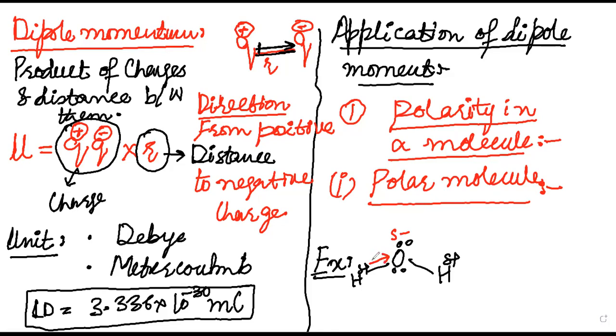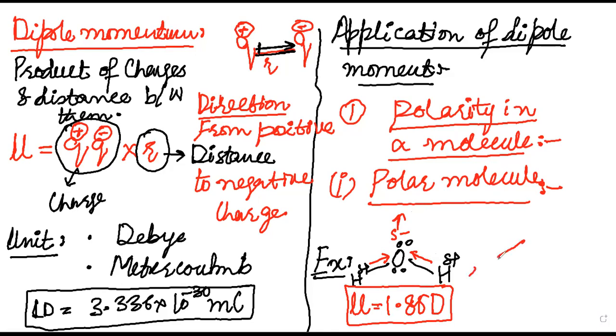Here the direction of dipole moment is positive to negative, and the resultant vector shows the value of dipole moment is 1.85 Debye. If any molecule has some value of dipole moment, it must be polar in nature.